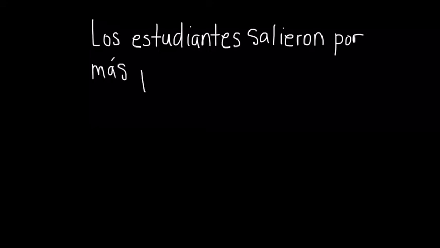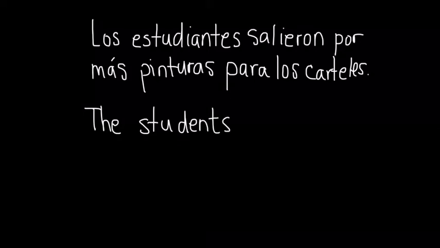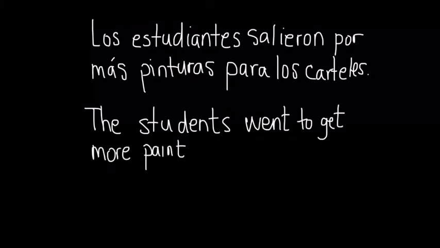In this next example, we're going to see another equivalent of the word por in English when we're talking about the object or goal of an action. In the sentence, "Los estudiantes salieron por más pinturas para los carteles," the students went to get more paint for the posters.